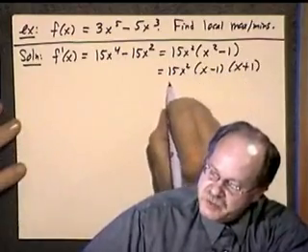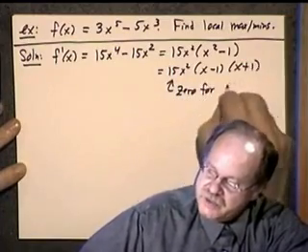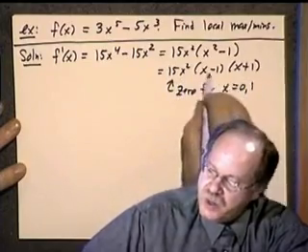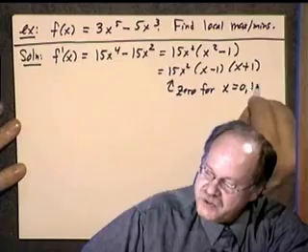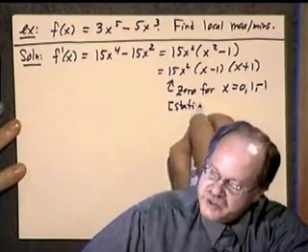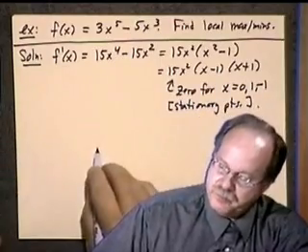And this expression is going to be 0 for x equals 0, the first factor, x equals 1, the second factor, and x equals minus 1, the third factor. These are what we've been calling stationary points, points where the first derivative is 0.